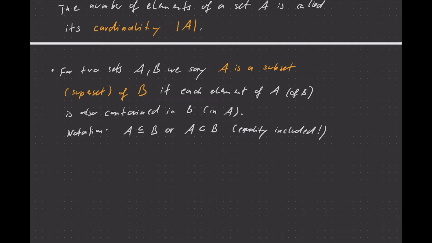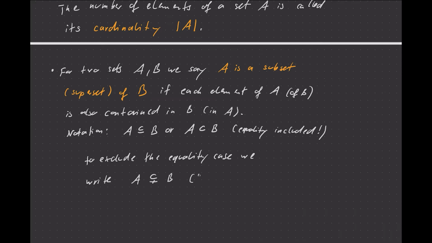If I want to exclude equality, then I will specifically write this. So to exclude the equality case, we write something like A is a subset of B, but not equal, like this.